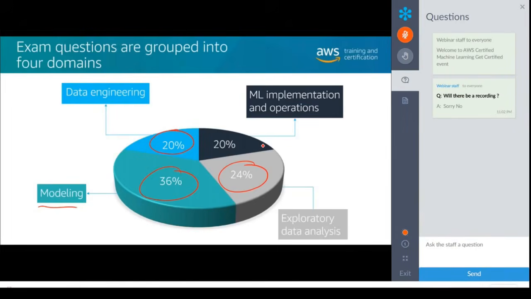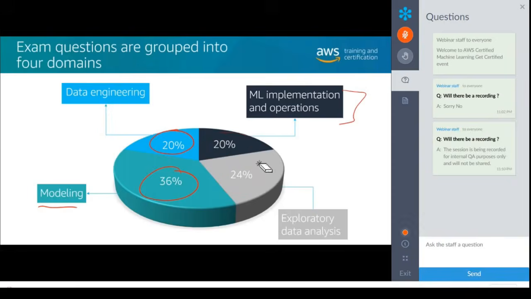So we're looking at a pie chart here. And this is a visualization to help us understand what proportion of the exam is allocated to what domain, right? These visualizations are designed to help us humans better understand the data. So don't forget that humans are involved in this whole process. And that's what I think the EDA part is, right? But yeah, and then we have to talk about operations. As you can see, it's still 20% of the exam.